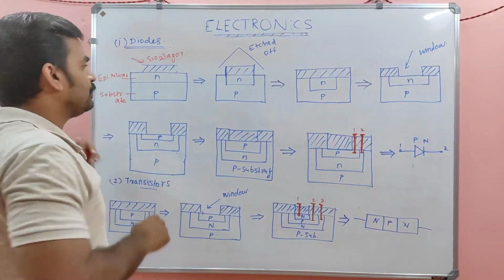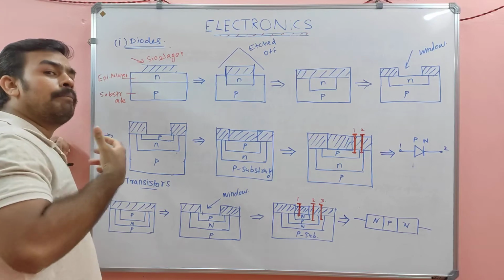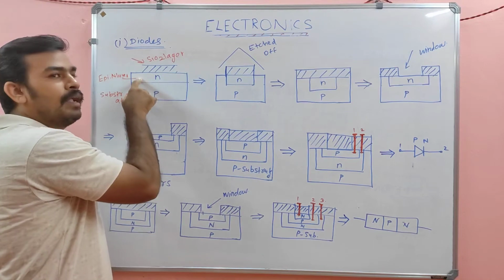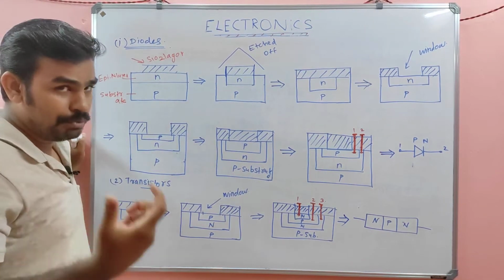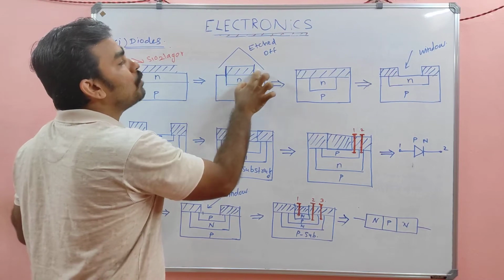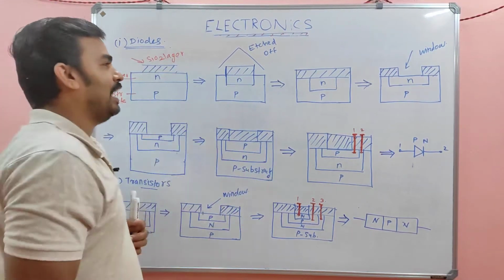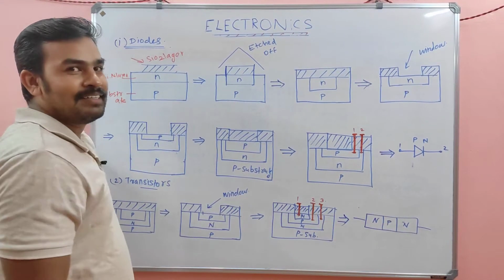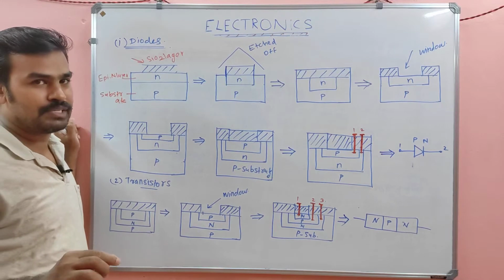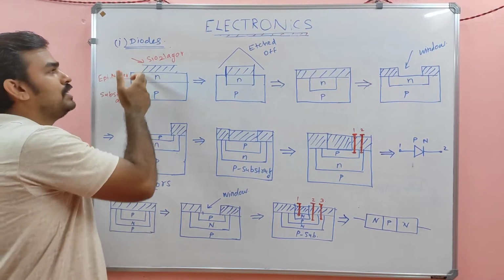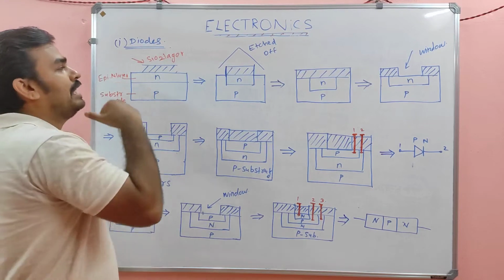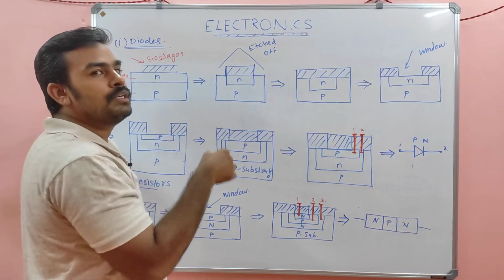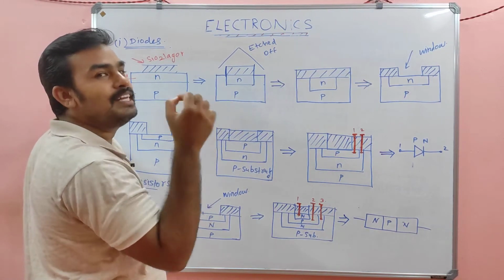So for that we have to add more trivalent impurity to this etched portion. Okay, we have to add. If I write the steps also, my dear, this will be very big. So you write the steps in your own language. So first of all, we have to etch or wash out the SiO2 layer, and in the washed portion there you have to introduce trivalent impurity.